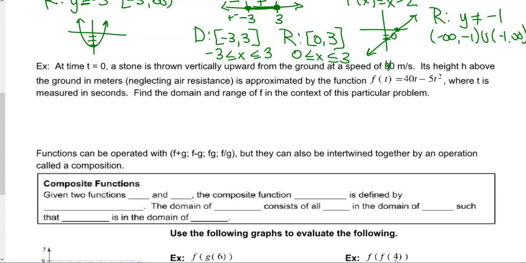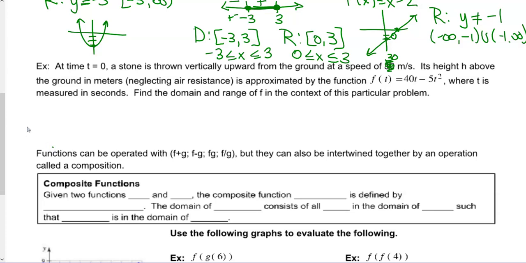Anyway, we're going to work with that function. Neglecting air resistance, f of t is equal to... I'm messing myself up here. Okay, never mind. We're just going to work out the function. f of t equals 40t minus 5t squared, where t is measured in seconds. We're going to find the domain and range of f in the context of this particular problem.